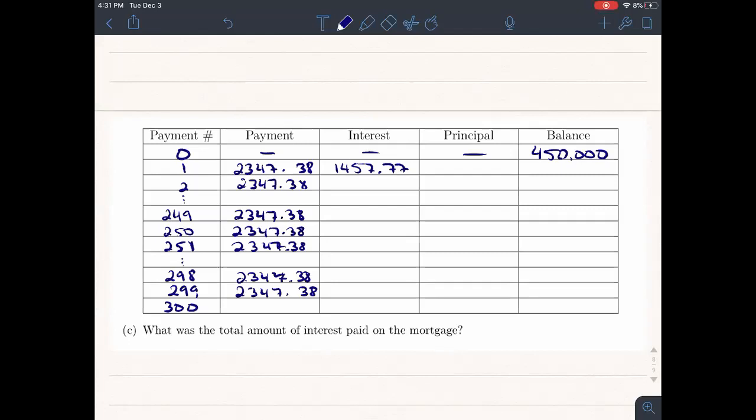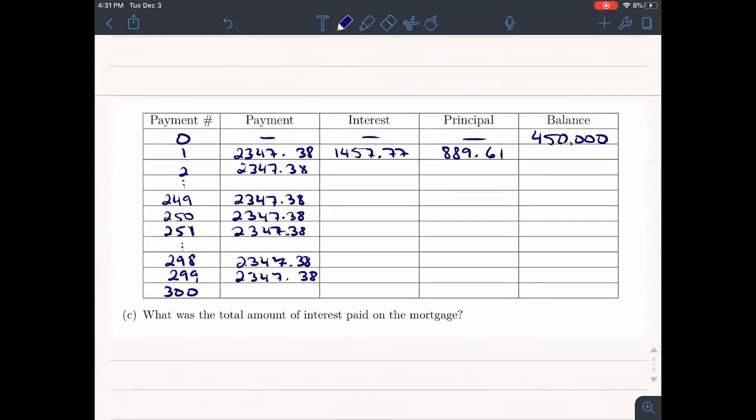Minus 1457.77, I get 889.61 for the principal, and that's what I can deduct from the balance owing. So I have 450,000 minus the 889.61, and I get 449,110.39.